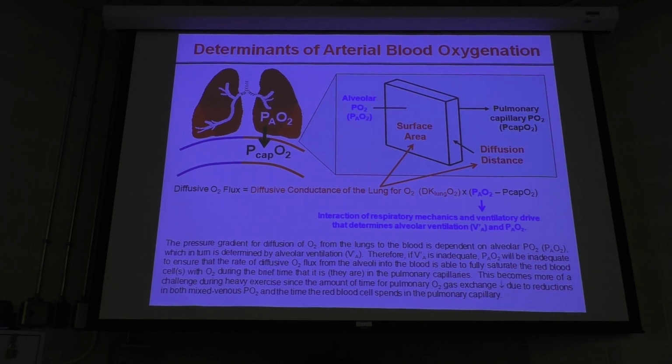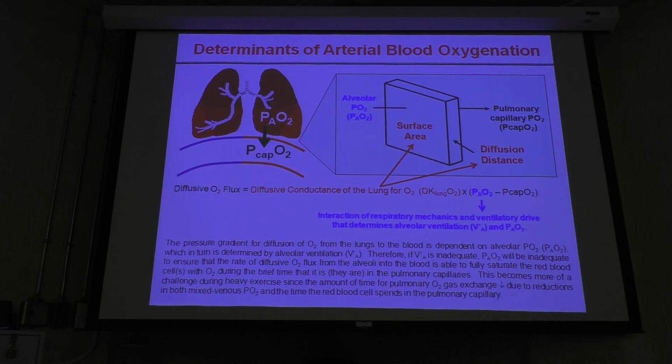Okay, so we need a high driving pressure to try to facilitate rapid exchange of the oxygen from the lungs into the blood to bind to the red blood cells and diffuse into the plasma in order to be delivered back to the exercising tissues. Okay?